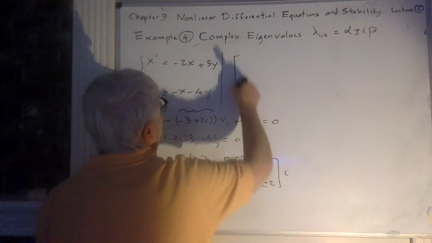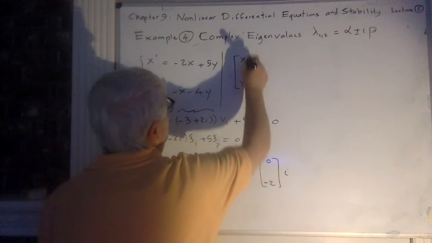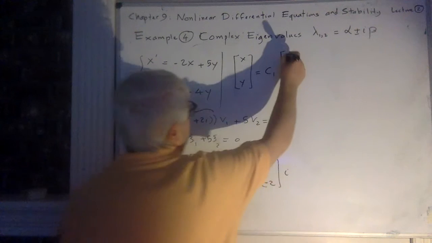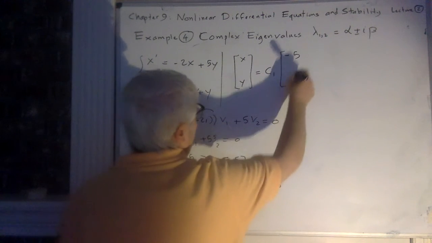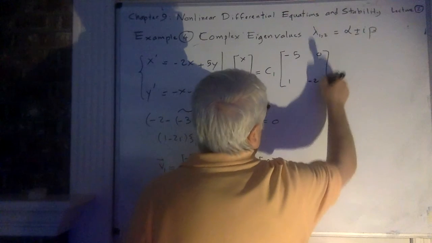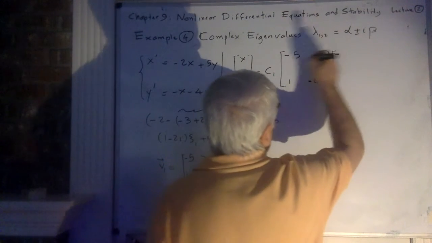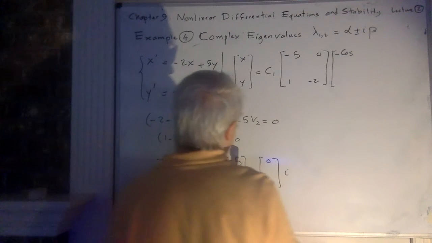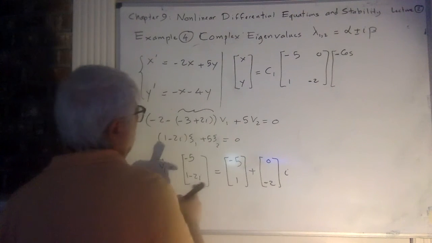So the x and y will be, some constant c1 times this matrix, minus 5, 1, 0, minus 2, times cosine, what was that?